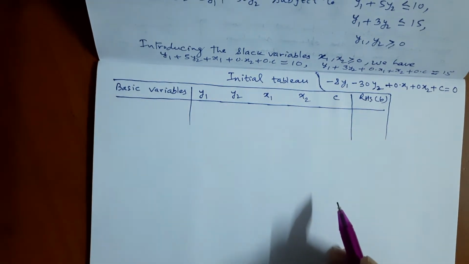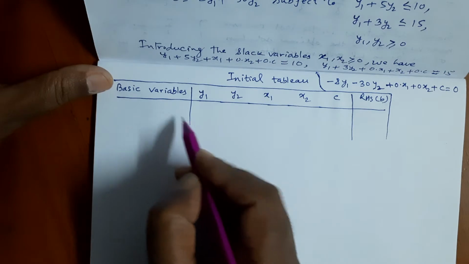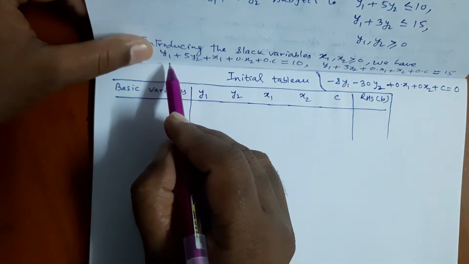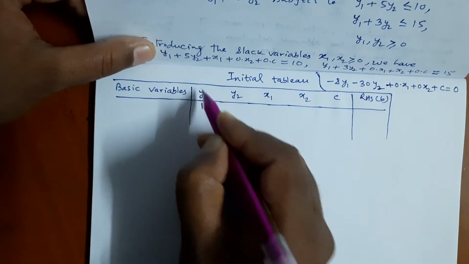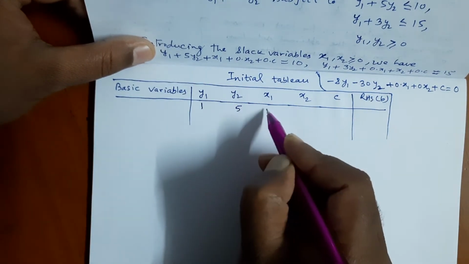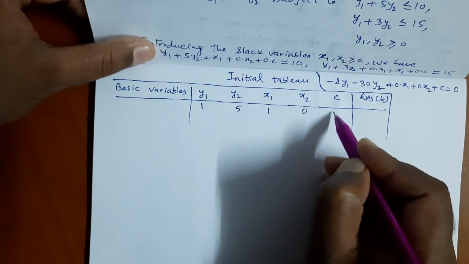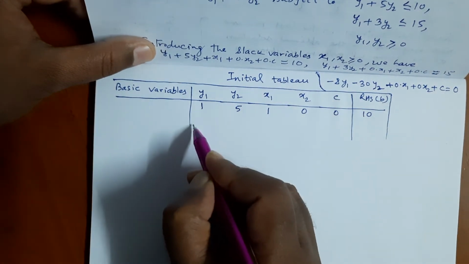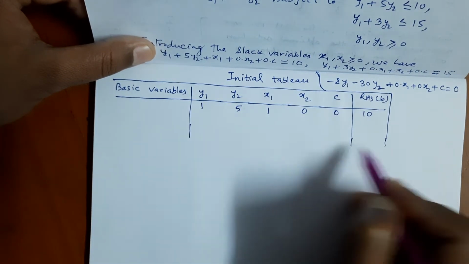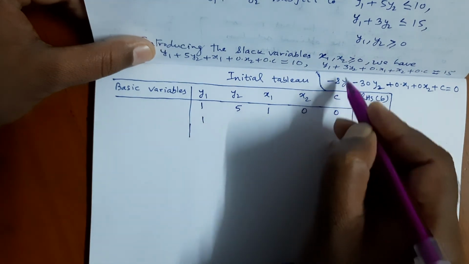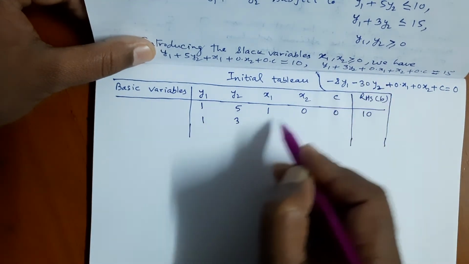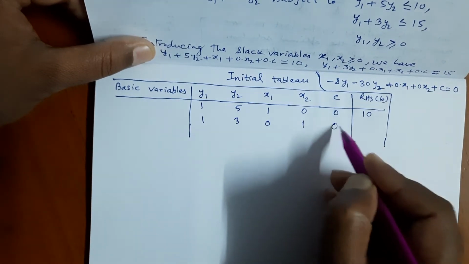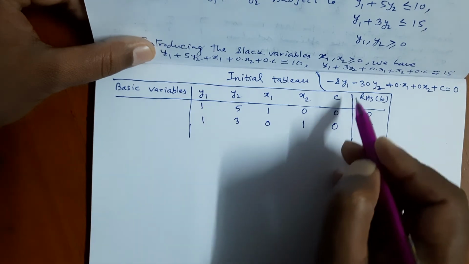Okay, and here we write the coefficients. Coefficient of y1 is 1, y2 is 5, it is 1, 0, 0, and on the right hand side 10, and here we have 1, we have 3 here, 0, 1, 0, 15.